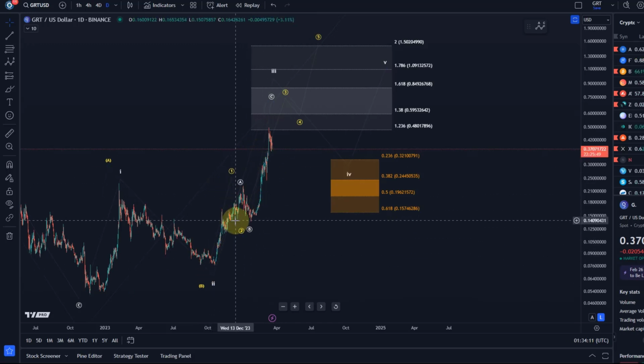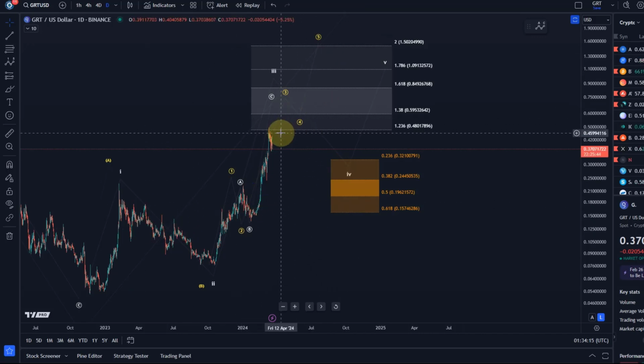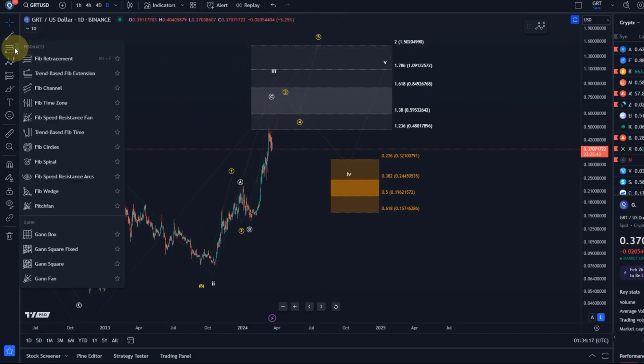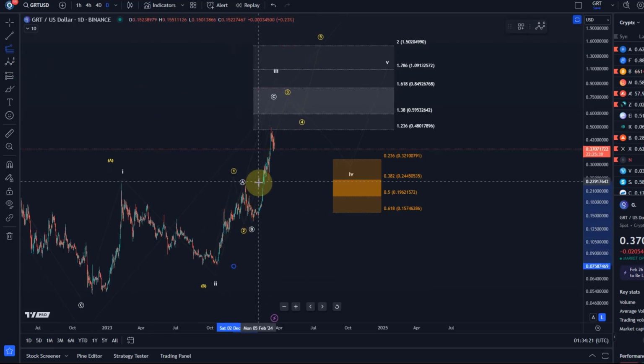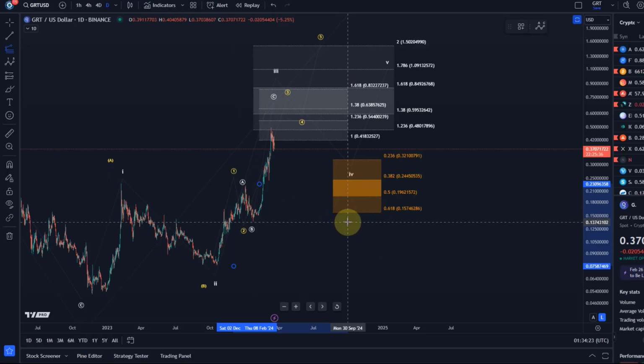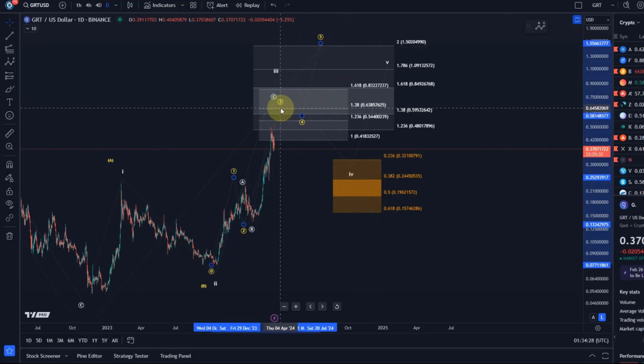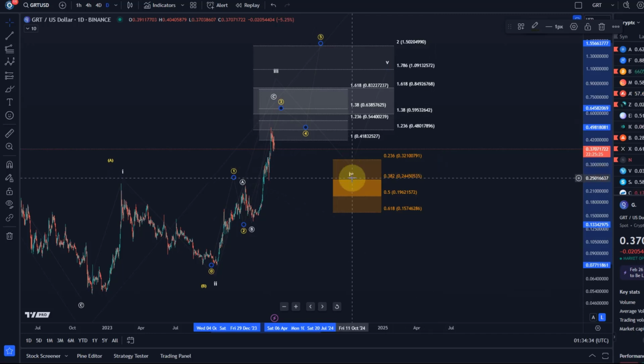If we then talk about the yellow count here, that would be a little bit more aggressively bullish. In this scenario, we would probably just see continuation to the upside. The third wave here would need to reach 63.8 cents, which means we need to be a bit on the side of caution, that a larger fourth wave pullback could occur.